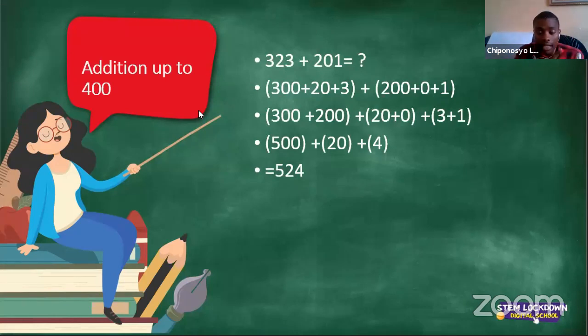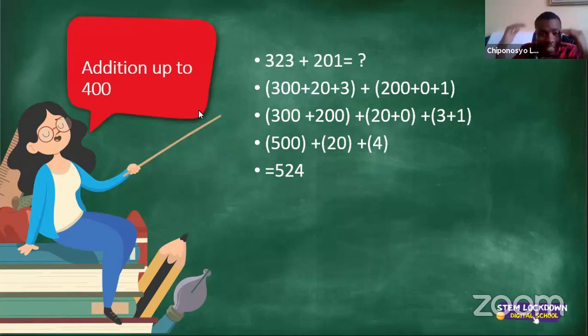Then when we're adding it to 201 and we're breaking up 201 into place values, it's 200 plus 0 plus 1.